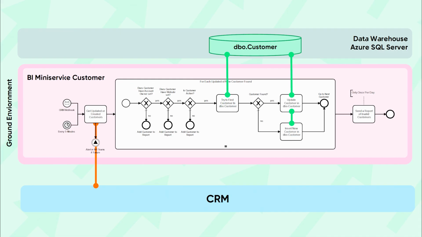And now we might have a situation where we have some customers where we don't have the customer website set, meaning that we skip that customer completely in this execution of the mini service run. But the last thing we want to do is send out a report of all of those invalid customers that we were not able to pass through our quality gates.